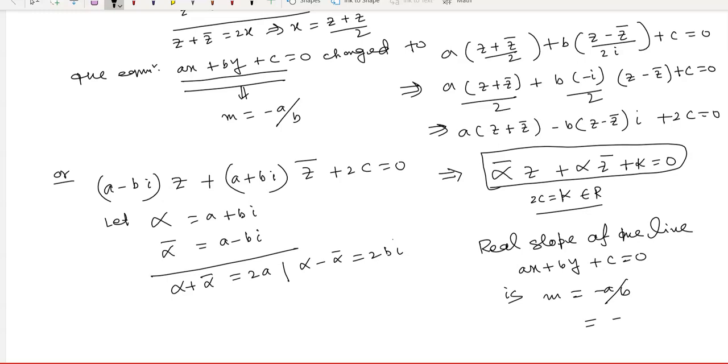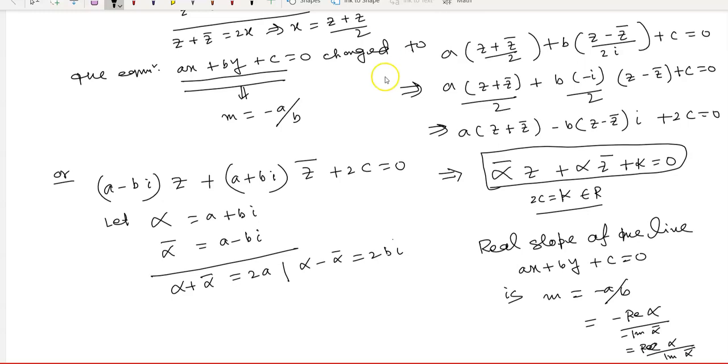This a is nothing but the real part of alpha and b is nothing but the imaginary part of alpha bar, so this is nothing but the real part of alpha by the imaginary part of alpha bar.